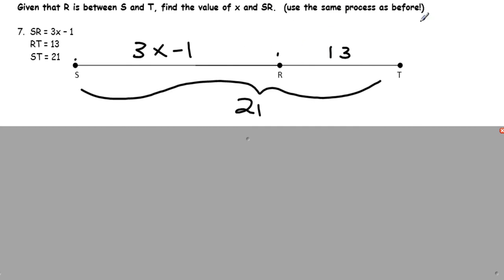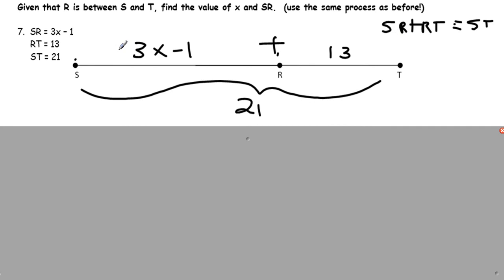So same thing, we're going to set up the segment addition postulate as it pertains to this segment. SR, from here to here, plus RT is going to equal the length of our whole segment, ST. And now we're just substituting.